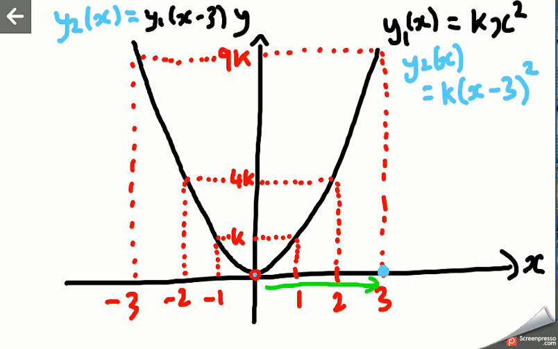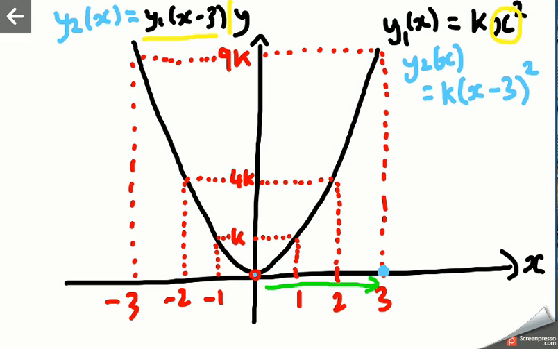And if I put x minus 3 into the function y1, it would be the same, but with the thing in the yellow circle as x minus 3. So it would be y1 of x minus 3 equals k times x minus 3 squared. So y2 of x is actually equal to y1 of x minus 3. Put a wall there to make sure those y's don't get confusing.